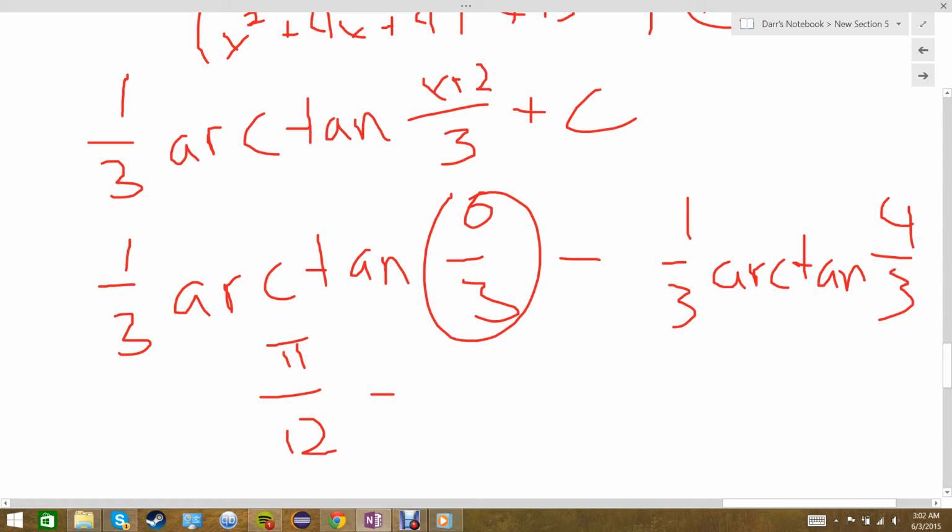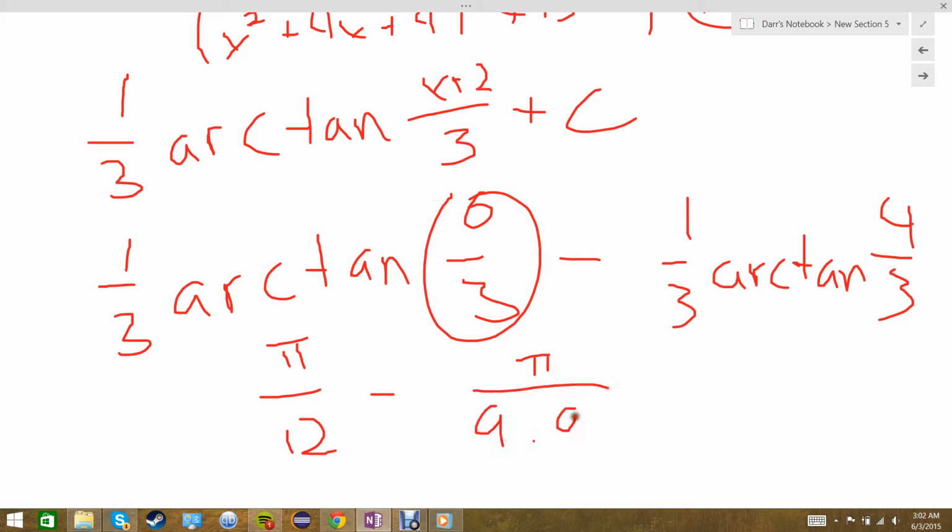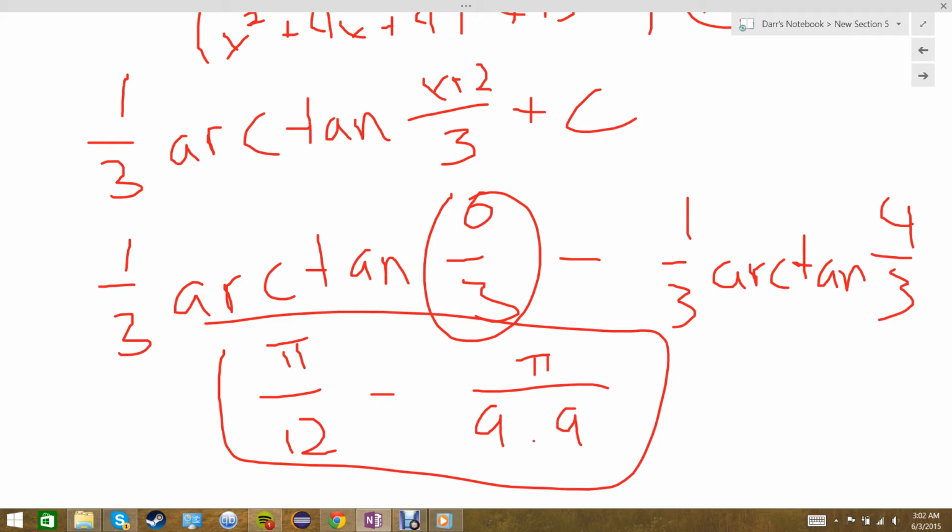So if you do the arctan of 4 thirds on your calculator, you can get pi over 9.9-ish when you multiply by 1/3. And after you simplify that, that's your answer, and you're good.